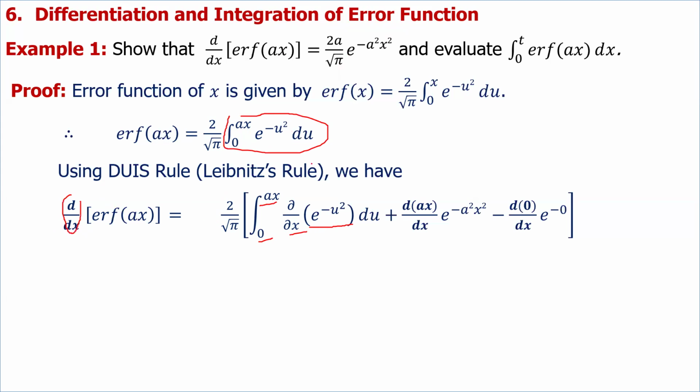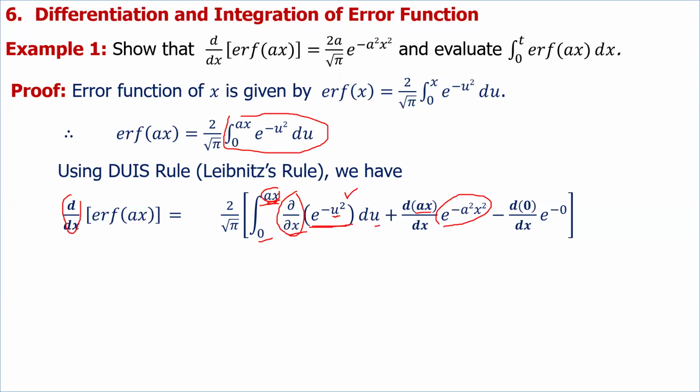And since e to the power minus u square is not a function of x, we use the partial derivative with respect to u, plus the derivative of the upper limit with respect to x. The upper limit is ax, and the value of the function at u equal to the upper limit, that is u equal to ax.